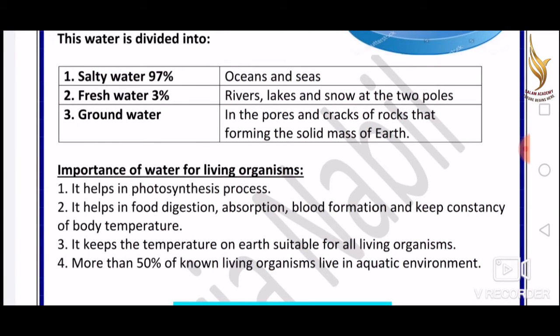Water helps to keep the temperature on the earth suitable for all living organisms, and more than 50% of living organisms live in the aquatic environment, or water environment.